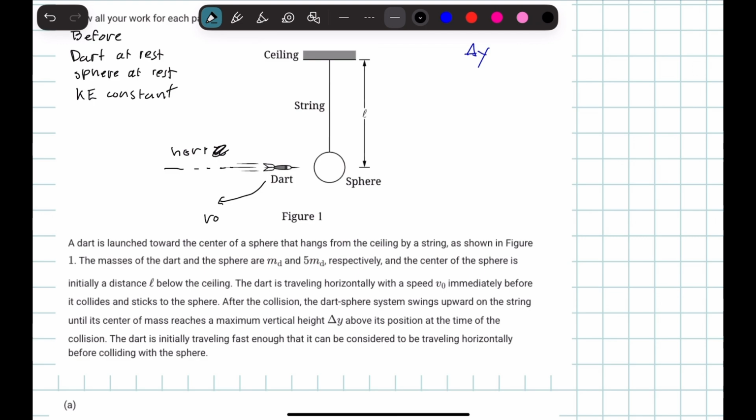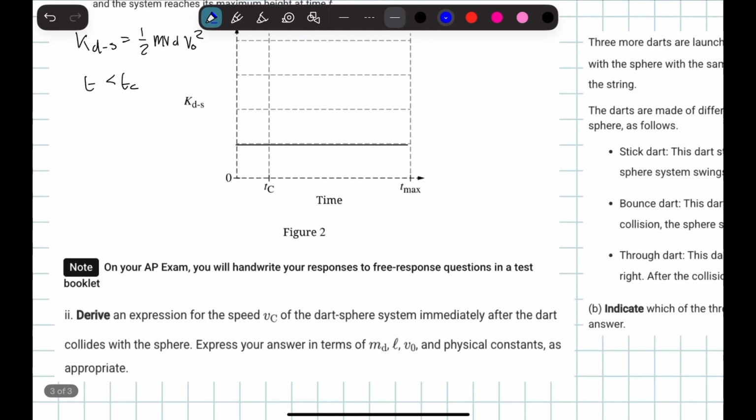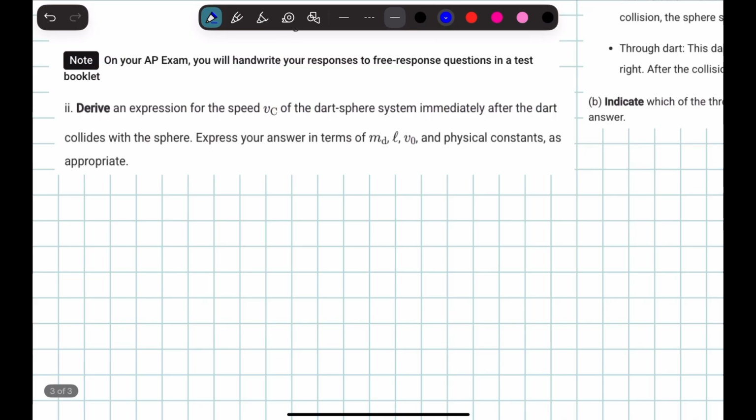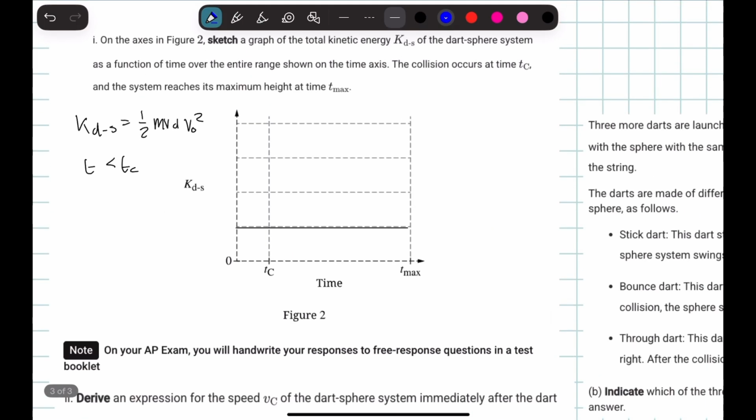So the collision is at t_c. Then during the collision, at t equal to t_c, the dart sticks. The collision is perfectly inelastic, and mechanical energy is not conserved.